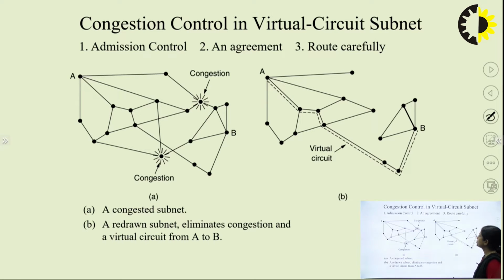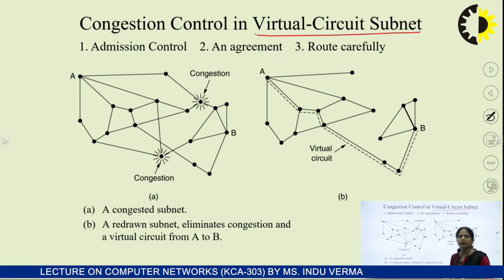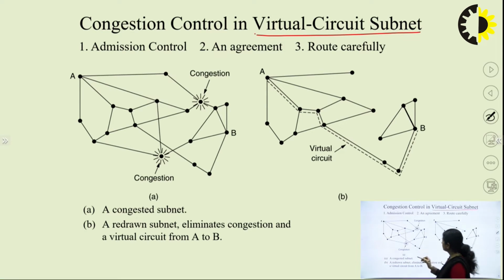Now we see the congestion control in the virtual circuit subnet. Firstly, we see admission control. There will be an agreement, and then route carefully so that we can remove the congestion. The first diagram shows a congested subnet. We can see here there is a congestion, and here there is a congestion.